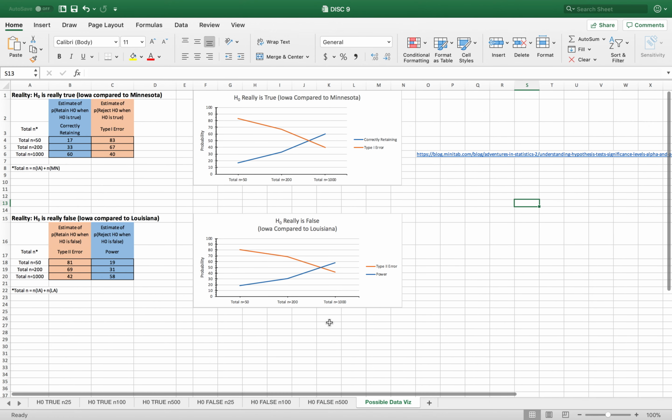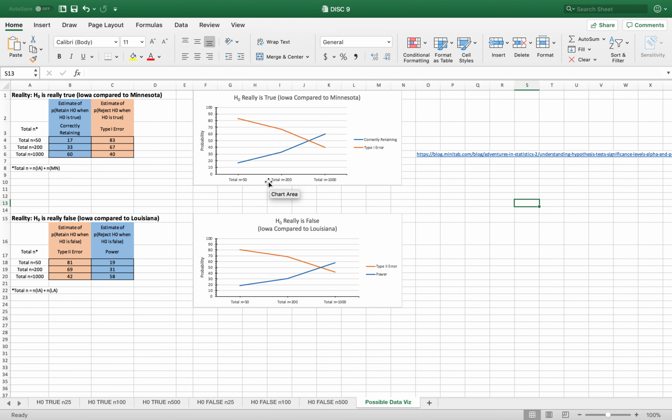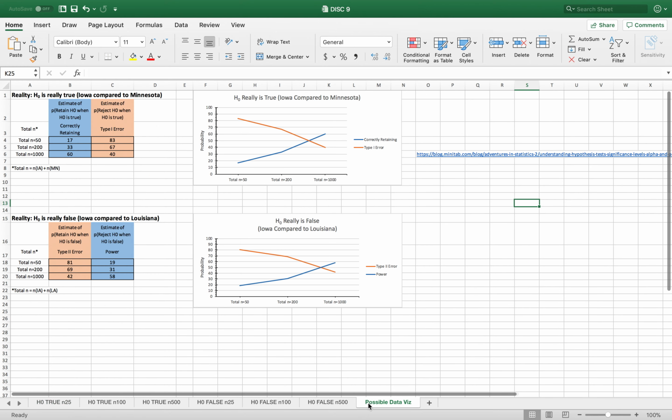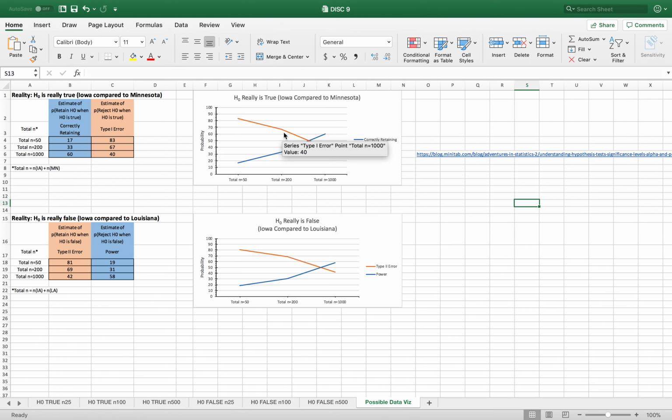As you see here at the end, it's actually very interesting because when I put it all here, the more people, the higher the correctly retaining, and the less of a type 1 error. Again, the type 1 error is if the null hypothesis really is true. So we get less of a type 1 error the more people we get when it is actually true, but when it's really false, we get higher power, which we want.